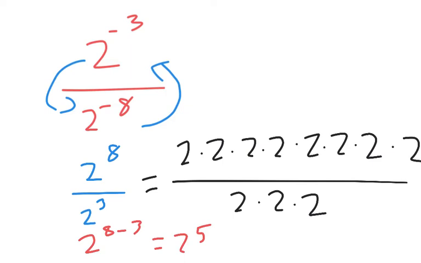What happens if you divide 8 by 8? It turns into 1. I can just cancel those out as 1. So if I'm dividing this 2 by this 2, this 2 by this 2, and that 2 by that 2, what do I have left? 5 2s. I'm multiplying 2 by itself 5 times, so 2 to the 5th.